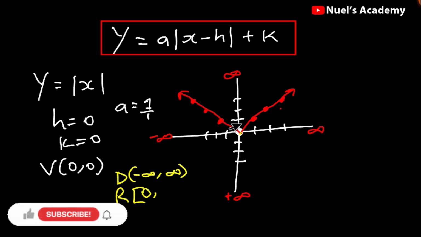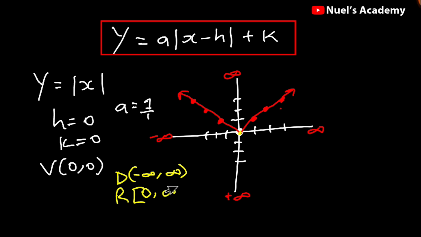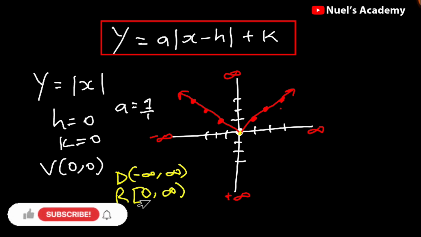In this case, this graph opened upwards, so it's going to be from this vertex, which is 0, to infinity. If it's downwards, it will be from the vertex to negative infinity. So we have 0 to infinity. Know that this 0 is included, so that's why I used a bracket to write it instead of a parenthesis. So let's move to the next question.